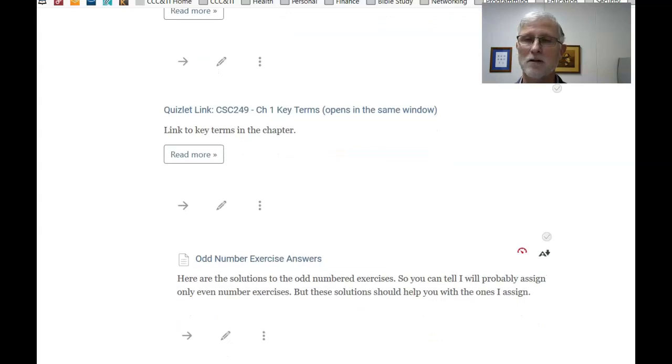Now, what I'll also be posting is the answers to the odd-numbered questions. Of course, if I'm posting the odd-numbered question solutions, I probably am not going to assign them, but they will give you examples of what the assignment for the even-numbered questions can be, because there are sometimes relationships.